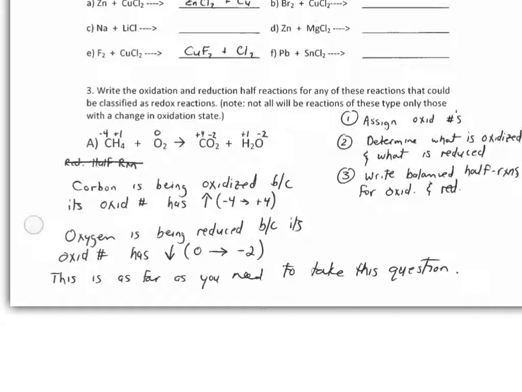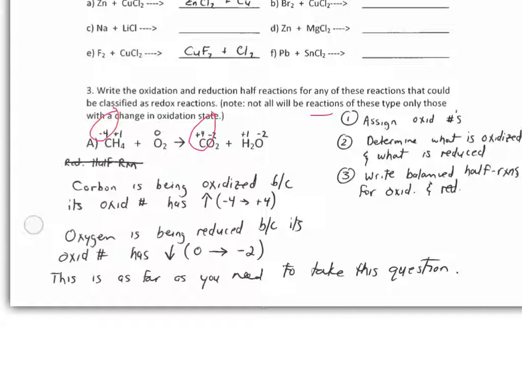So before being able to write the half reactions as it asks, we need to determine if the reaction is in fact a redox reaction. And in order to do that, the first thing I say to do is to assign oxidation numbers to each of the elements, because once you do that, if you see that the oxidation numbers change in going from reactants to products, so for instance carbon is a -4 here and a +4 here, I see that that oxidation number has changed.